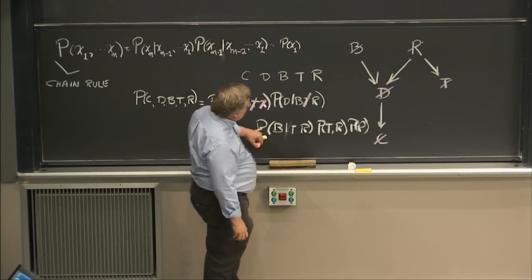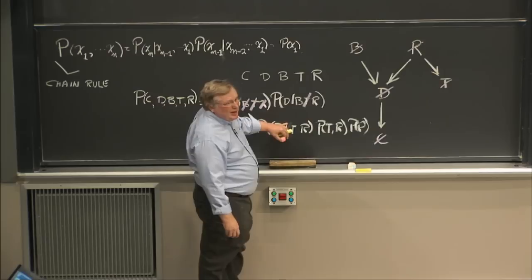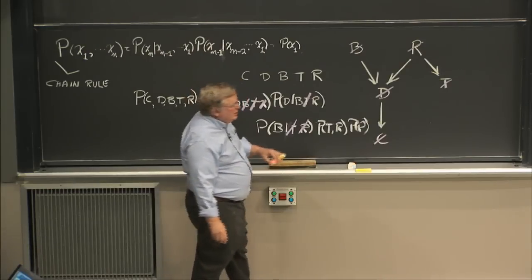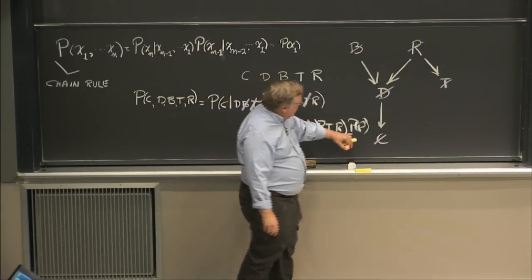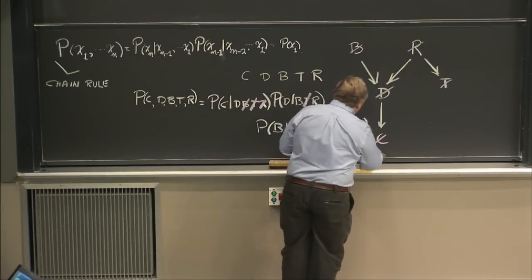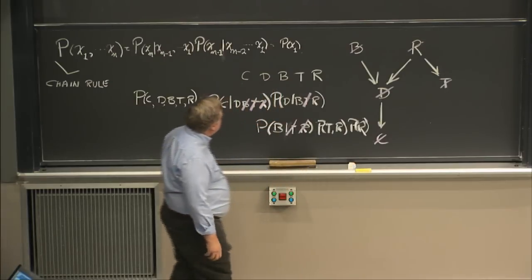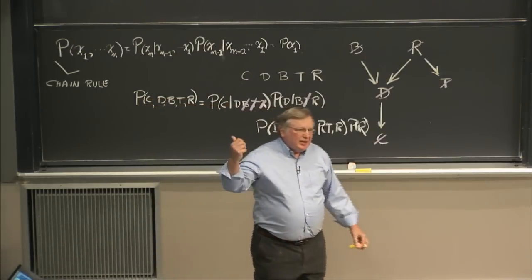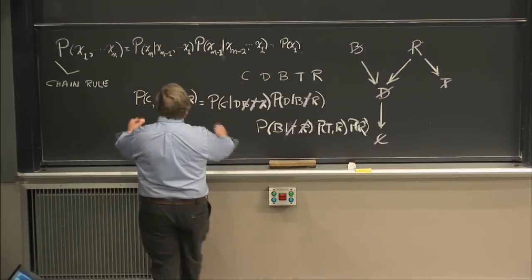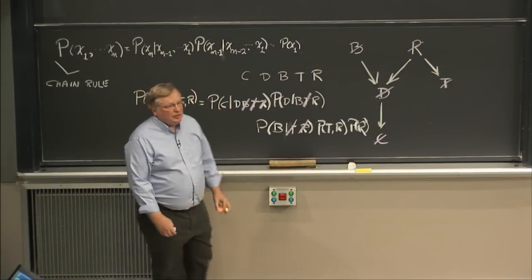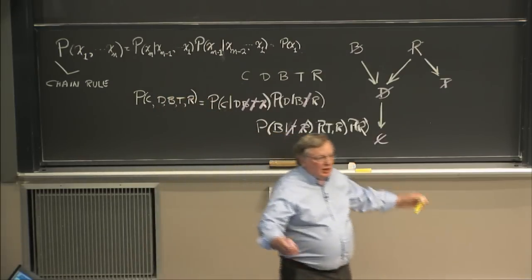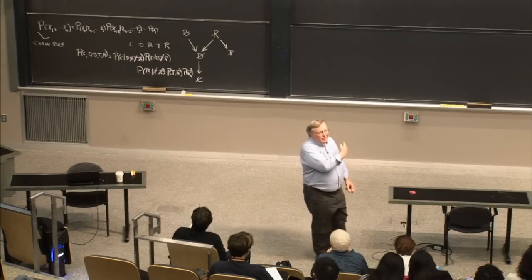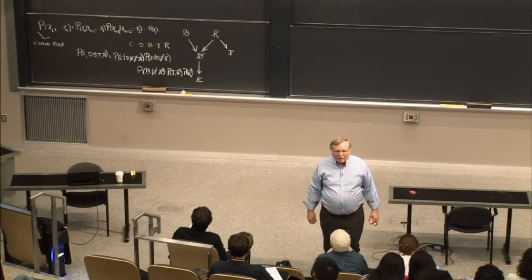B is conditional on T and R. But B has no parents, so it actually is independent of those two guys. The trash can, yeah, that's dependent on R, and R over here, the final thing in the chain, that's just a probability. So now I have a way of calculating any entry in that table, because any entry in that table is going to be some combination of values for all of those variables. Voila. So anything I can do with the table, I can do in principle with this little network.